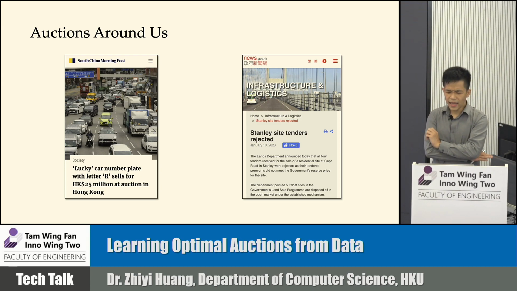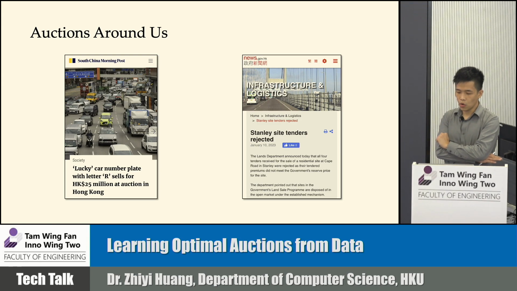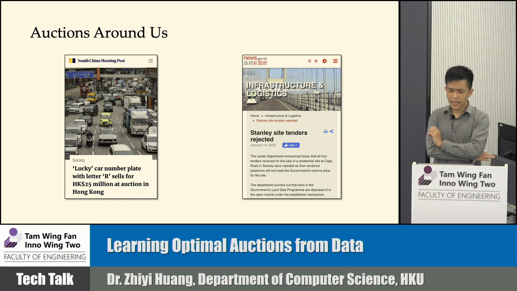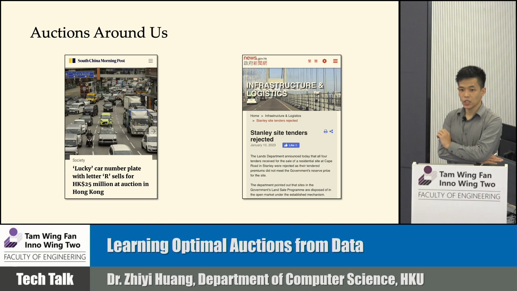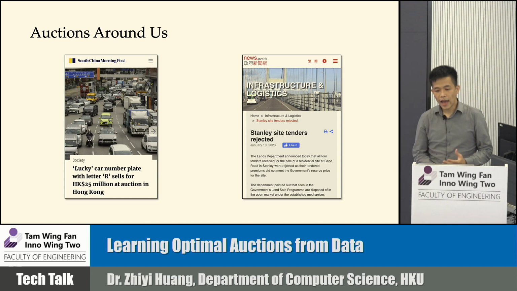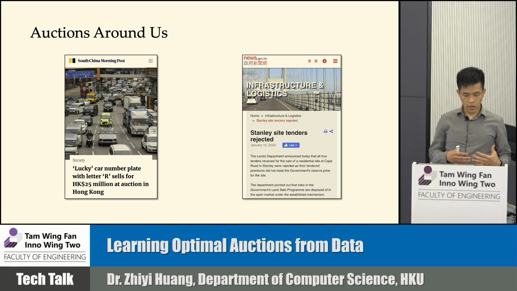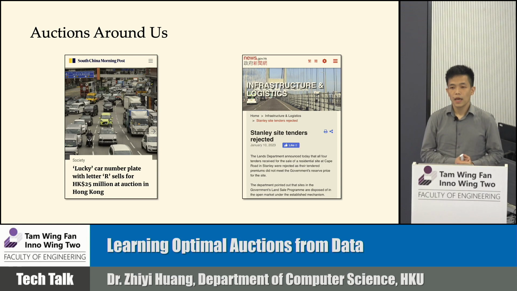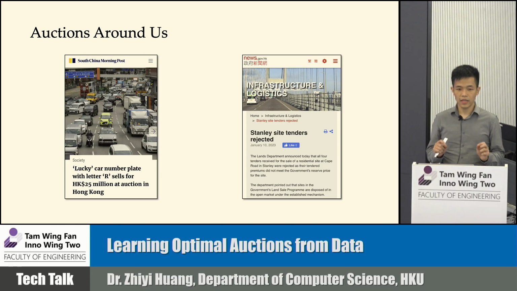In the last 10 years, lands have been distributed through public tender, which is essentially a sealed bid first price auction. What does that mean? Every bidder comes up with a bid for the land and submits it to the government, essentially in a sealed envelope.